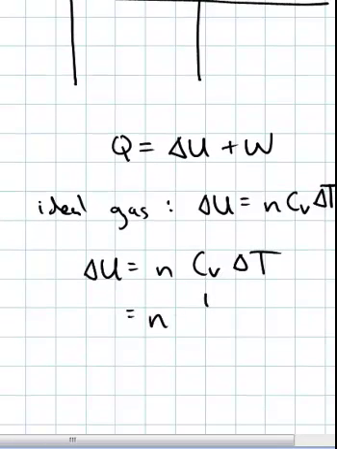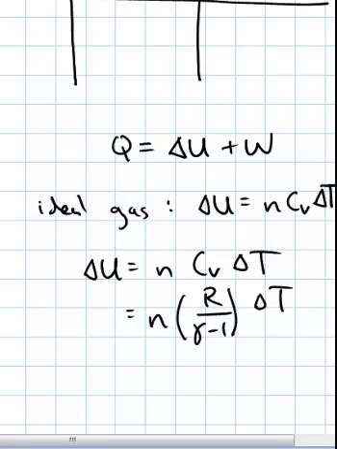CV we can write as R over gamma minus 1. R we know, 8.314. Gamma in this case is 1.67.